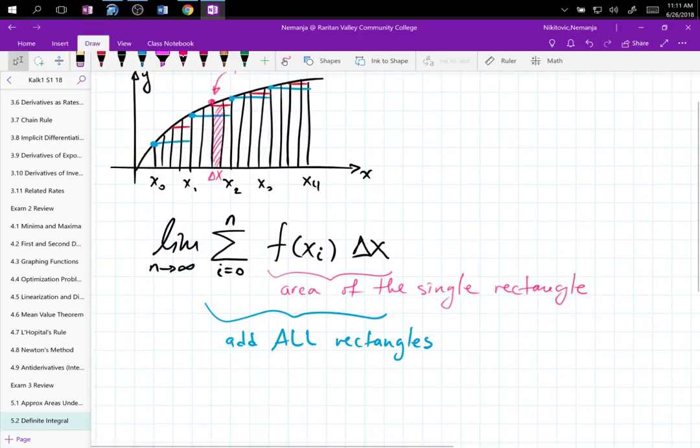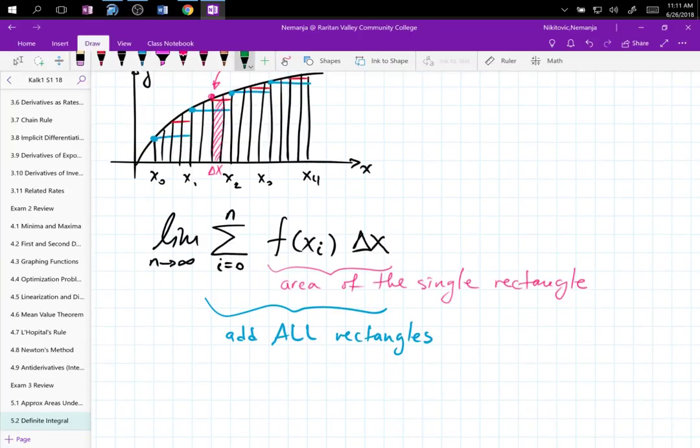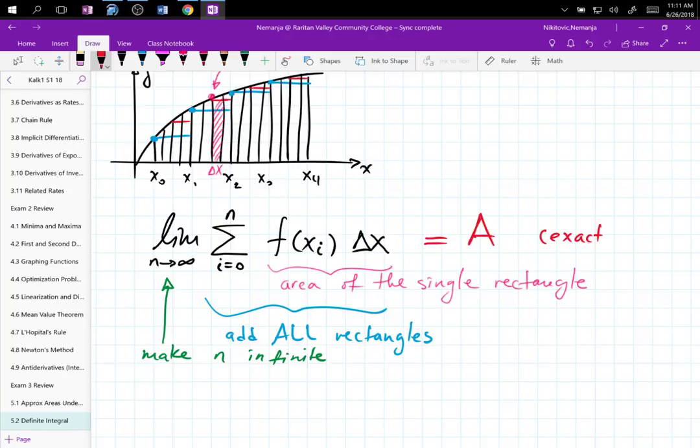And for this one, I'm just going to have a green arrow, and I'll just say make n infinite. So, guys, this is going to be equal to the exact area. So this is what it is. It's the exact area.